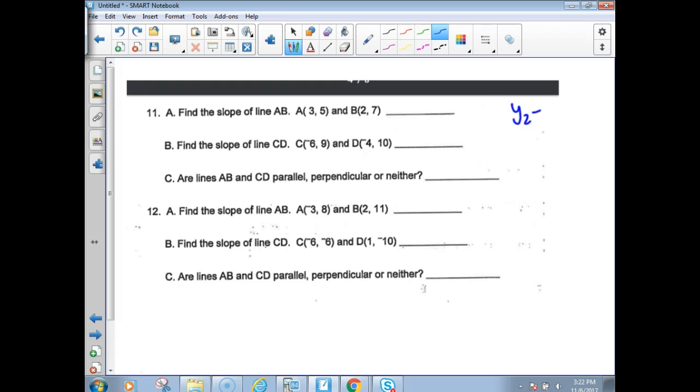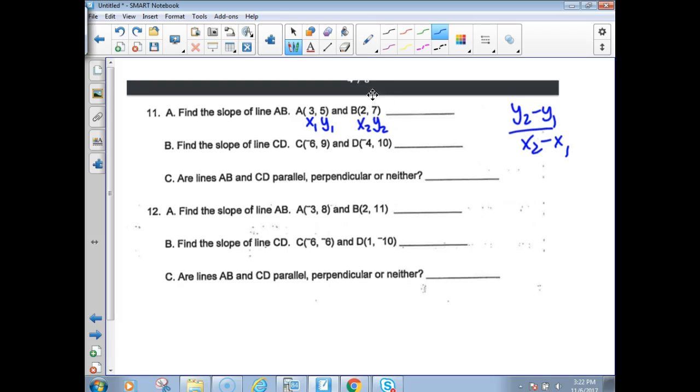We got y2 minus y1 over x2 minus x1 for our formula, which is displayed on the wall. You need to know that x is the first number in an ordered pair, and y's are the second numbers in an ordered pair. If you don't know that, then the formula means nothing.